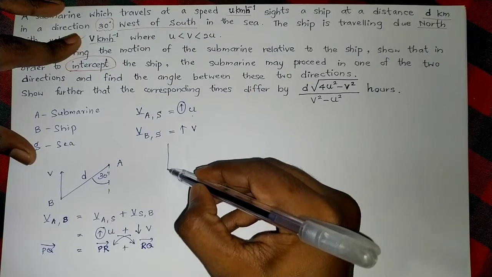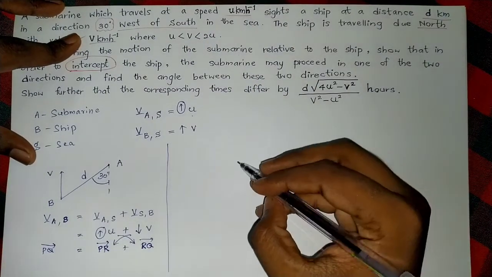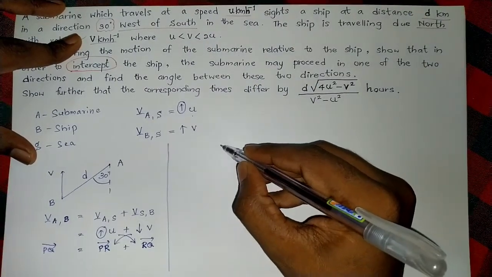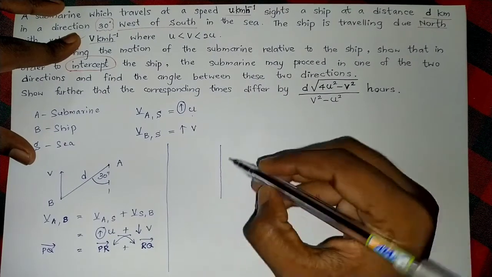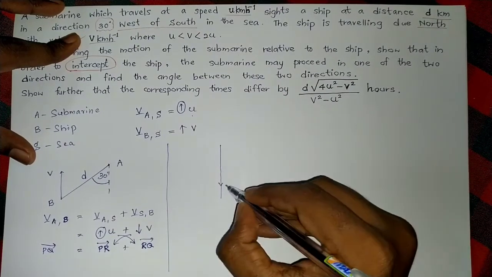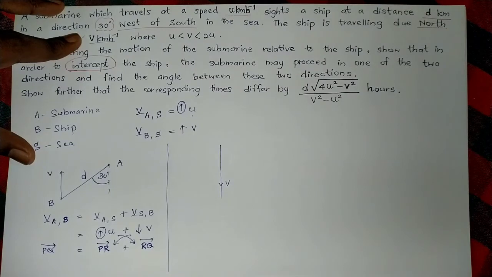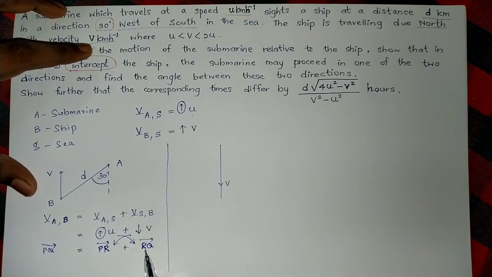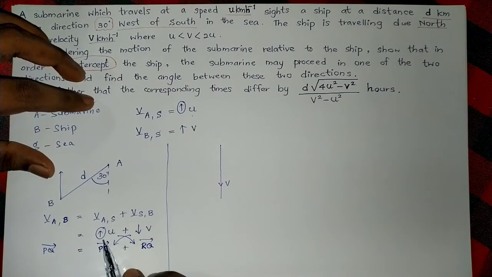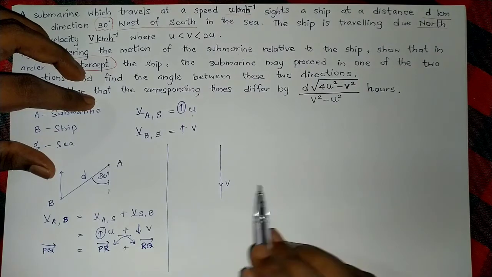Let me draw that first vector. It is vertically downwards. Magnitude is V. Since I can't draw the second vector because direction is unknown, I have to draw a circle.